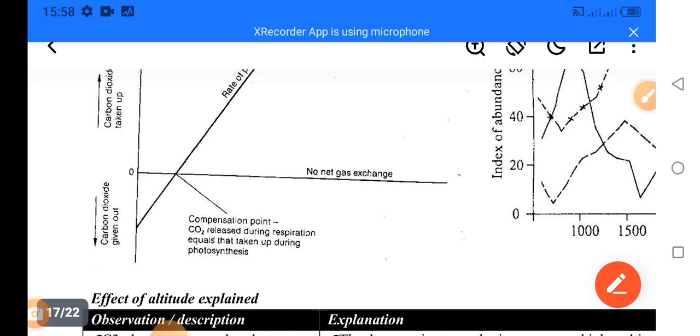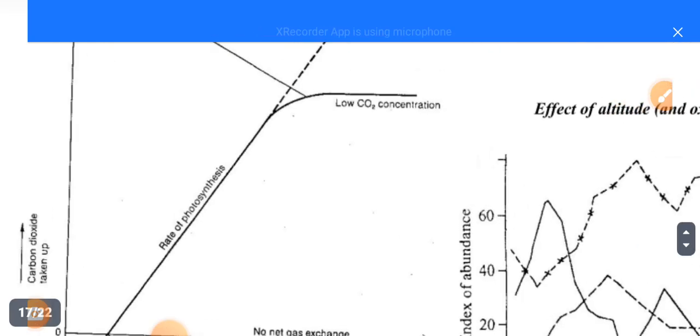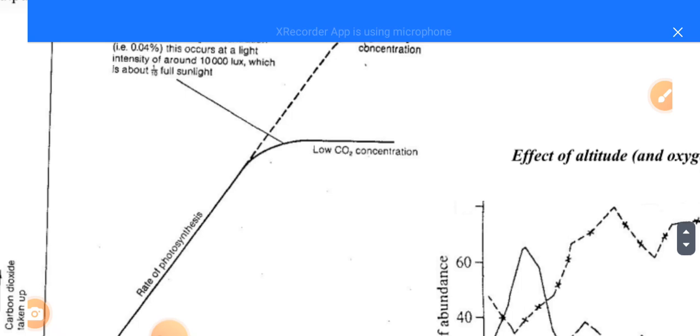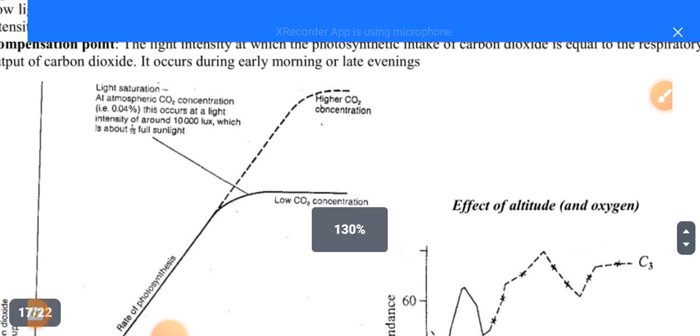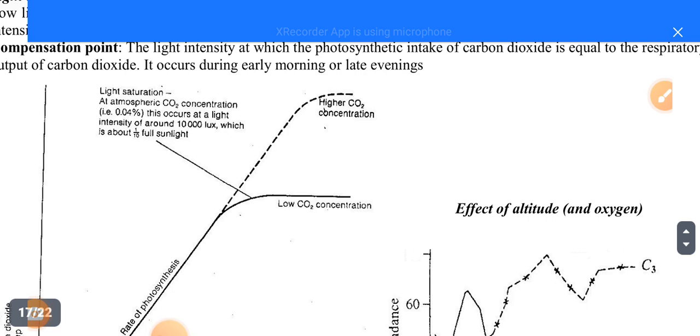The first compensation point occurs in the morning, and this one up here occurs in the evening. That light saturation at atmospheric carbon dioxide concentration, i.e. 0.04%, occurs at a light intensity of around 10 lux, which is about 1% of full sunlight.